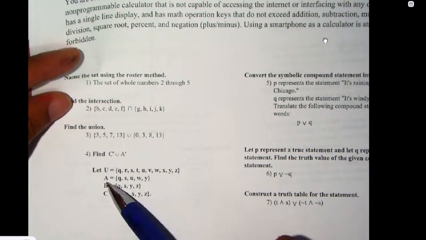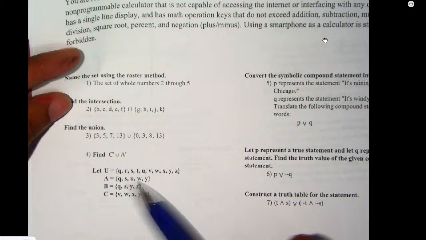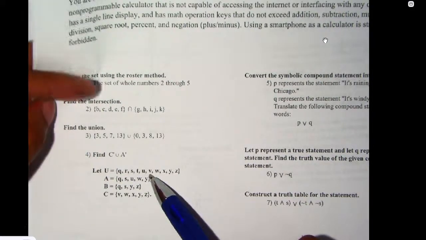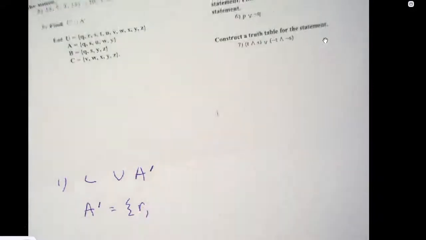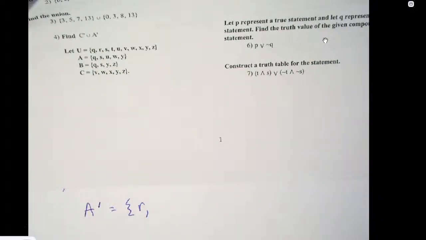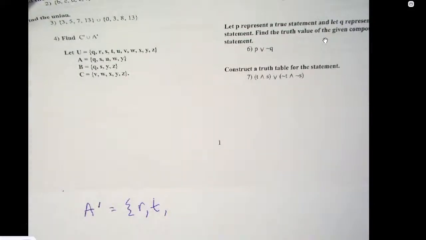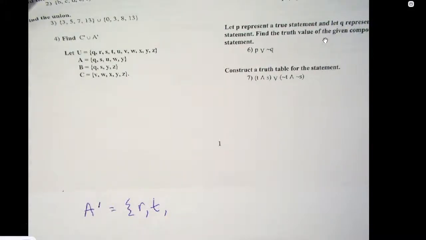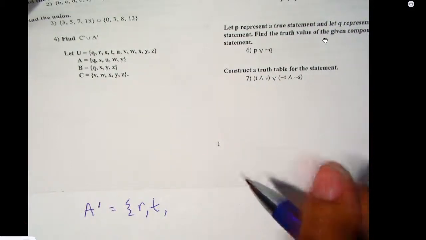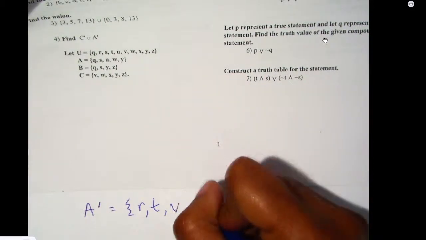So again, A complement is what is not in me, but it's in the universe. So I guess I would put here R, comma, and then T is in the universe but not in me. V, X, and Z.